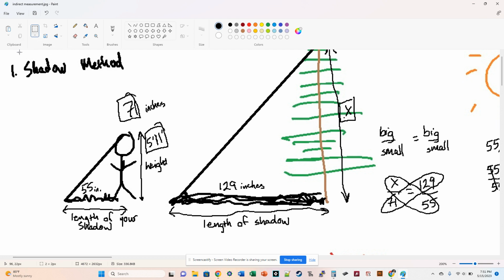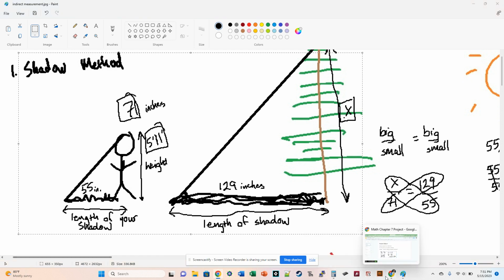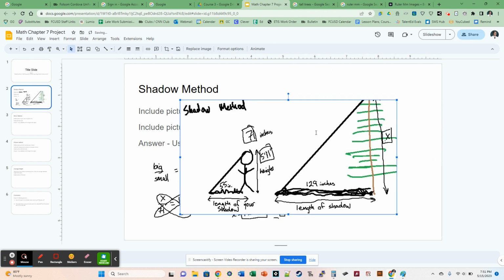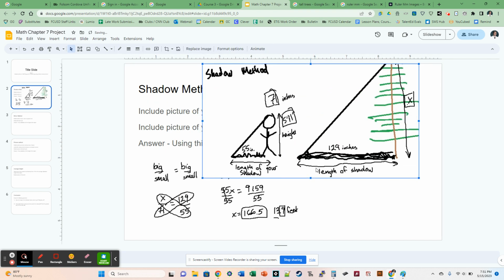Here, I might copy all of this and put it even in my presentation. At the very least, a drawing of you and the measurements that you used would be appropriate here.